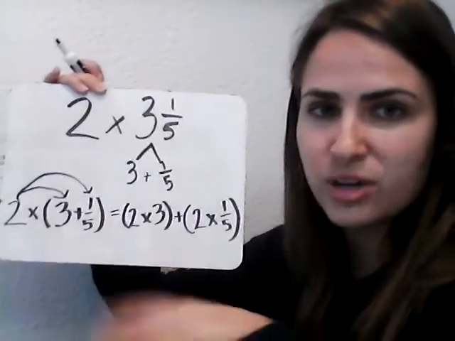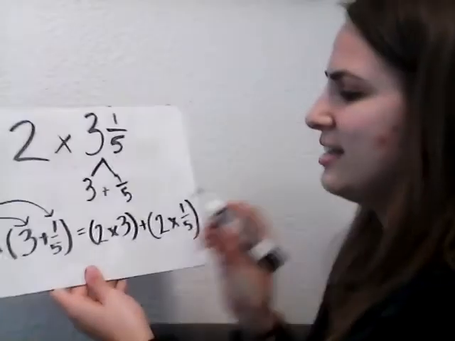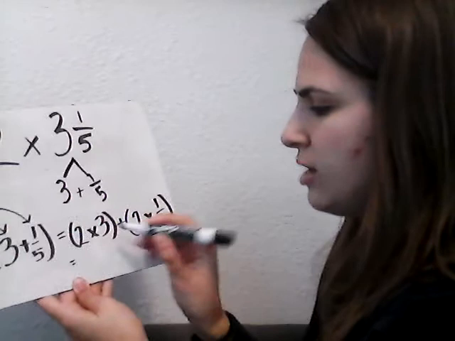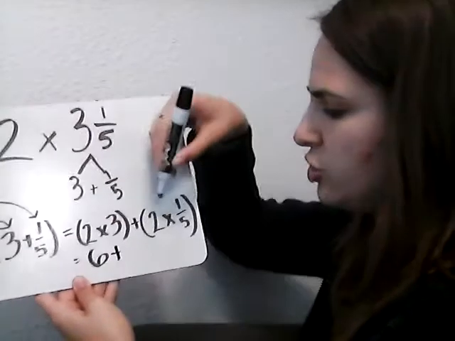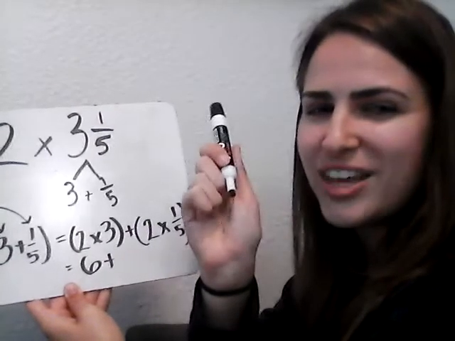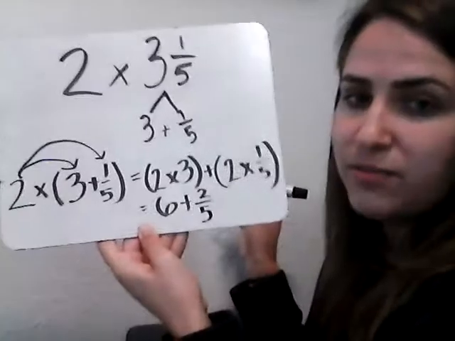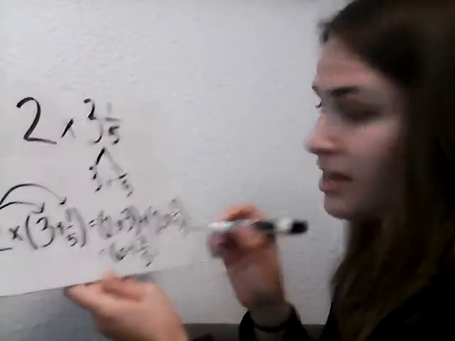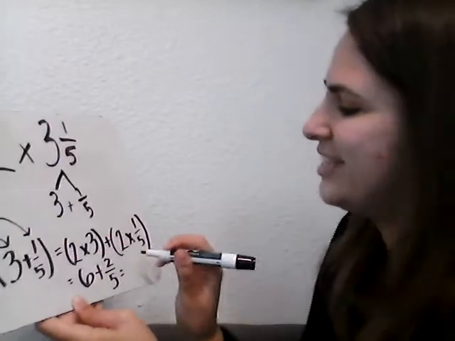So 2 times 3 is, you're right, it's 6. So 2 times 3 and 1/5 is equal to 2 times 3, which is 6, plus 2 times 1/5. What is 2 times 1/5? 2/5. 6 plus 2/5 equals what? 6 2/5.